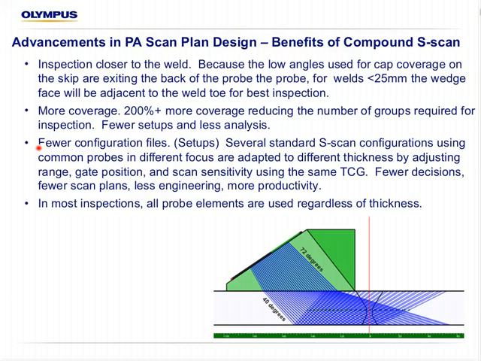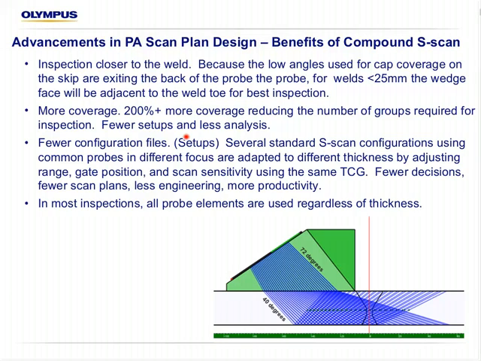So when we're talking about the compound S-scan, or any inspection strategy to cover a range of weld bevels for a particular job or just your regular work procedure, fewer configuration files. When we first started implementing the compound S-scan, this wasn't an immediate benefit, but it became one very quickly.